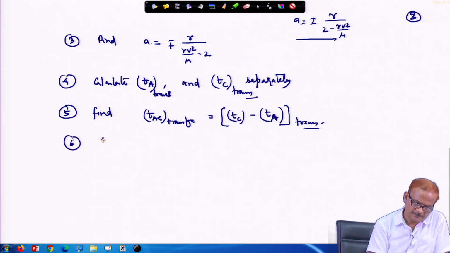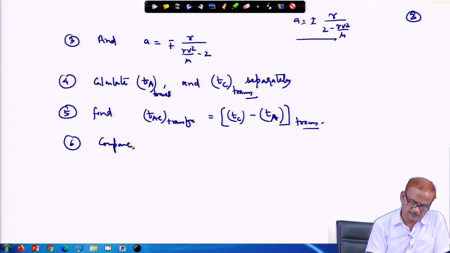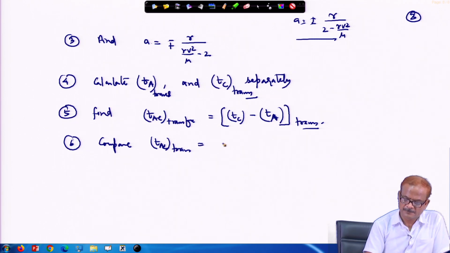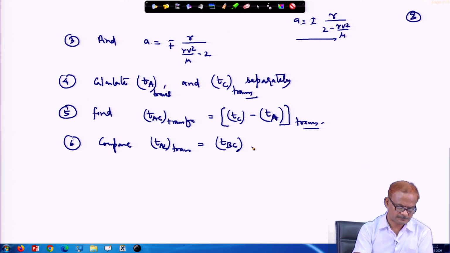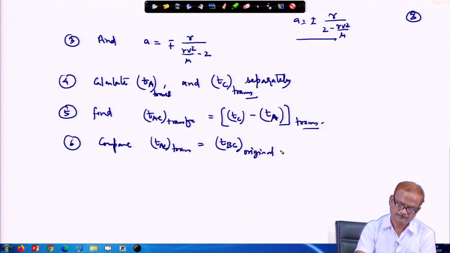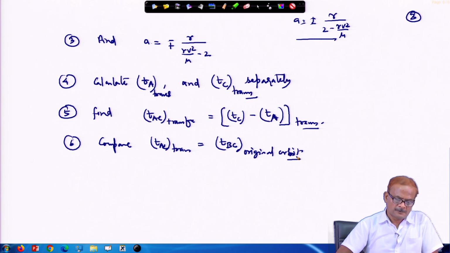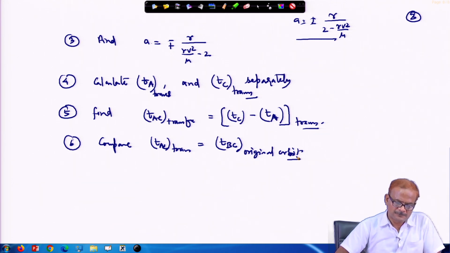Then compare T AC transfer with T BC in the actual orbit. This is in the original orbit. If this is equal, your job is done.